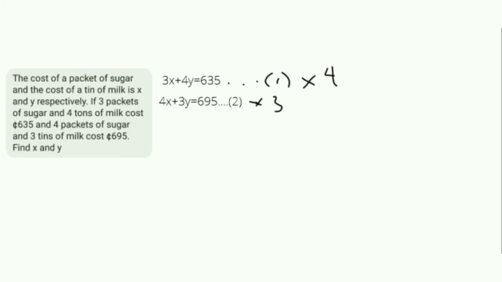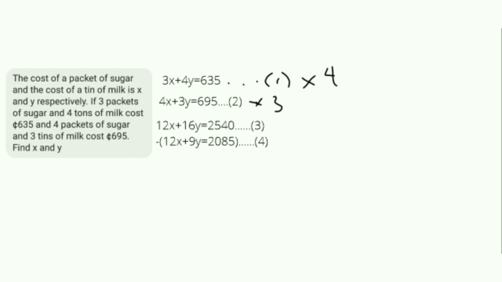This is the elimination method for me. So we've multiplied equation 1 and equation 2 by 4 and 3 respectively, and after that we are going to subtract equation 4 from 3. This is the elimination method.